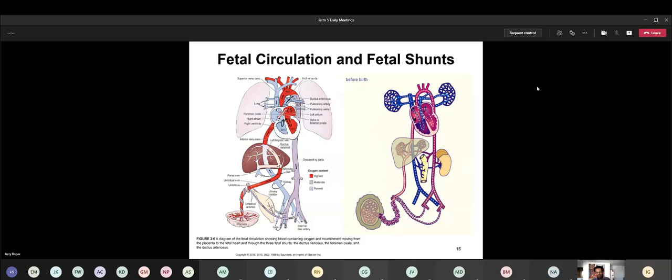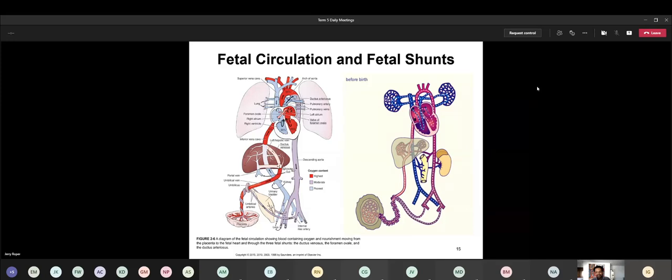And then when you get to the right side of the heart, there's blood that's coming from the head, from the upper region. And it's deoxygenated blood because O2 was just delivered there. It's going to mix with that blood. And then you're going to need to take what you have and shunt it over to the left side.